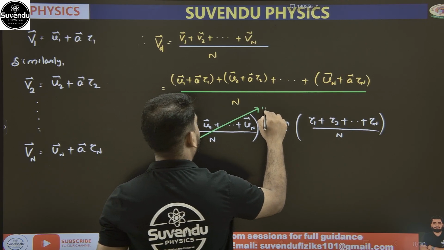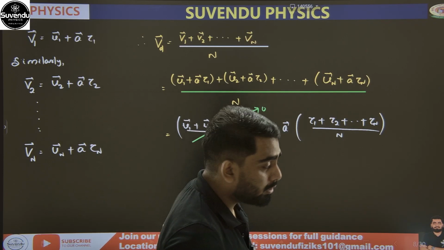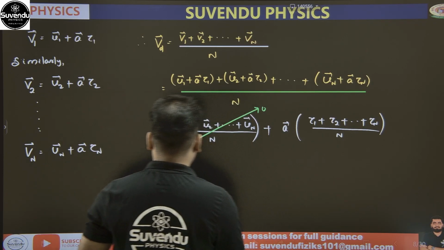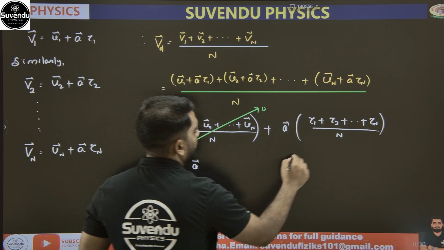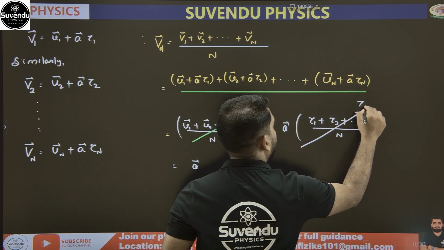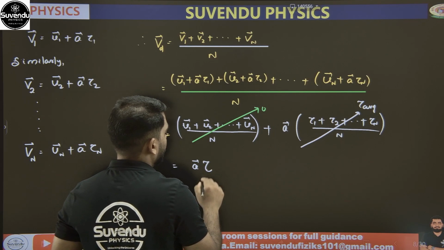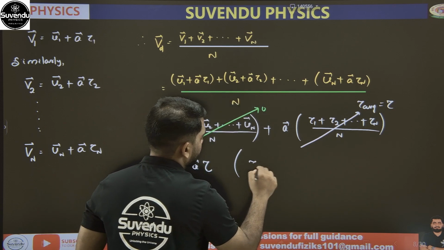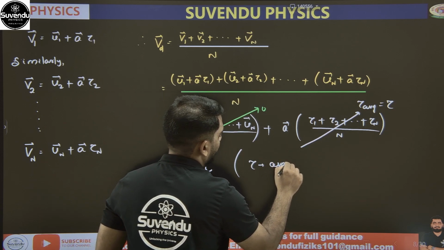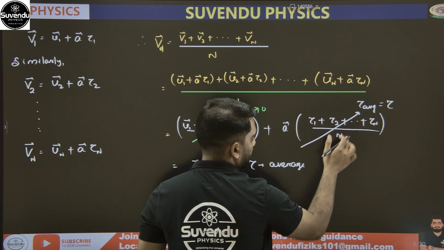This is 0, since it is the average velocity of all the electrons before the battery or cell was connected to the conductor. The remaining term is a vector times tau average. Average relaxation time is simply denoted as tau. Here tau means the average relaxation time of all the electrons, because it is the average of all the relaxation times.